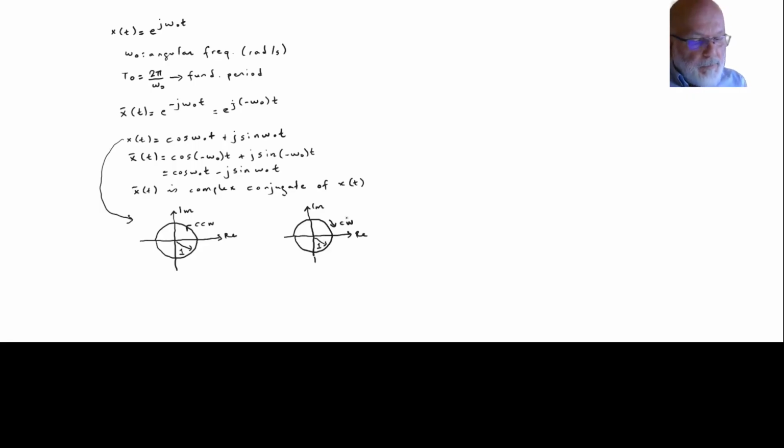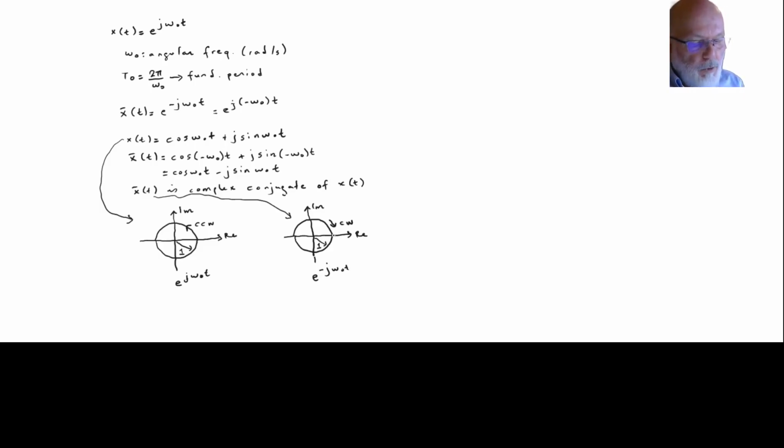For example, this is the case for the conjugate or negative frequency. So this is e to j omega 0 t, and this is e to minus j omega 0 t, the visualization on the complex plane.